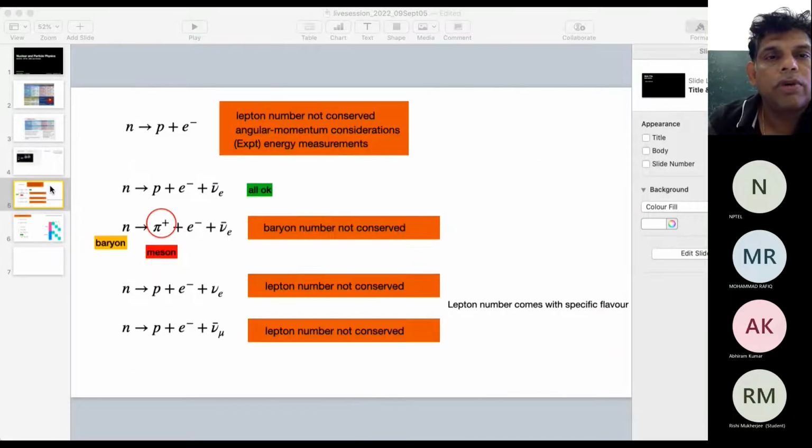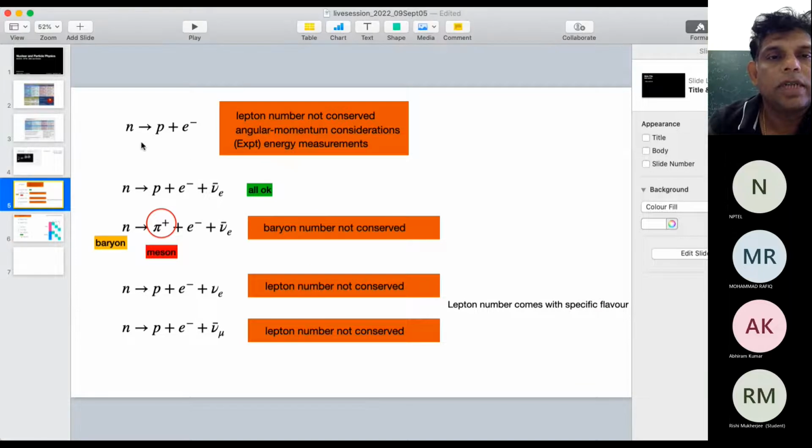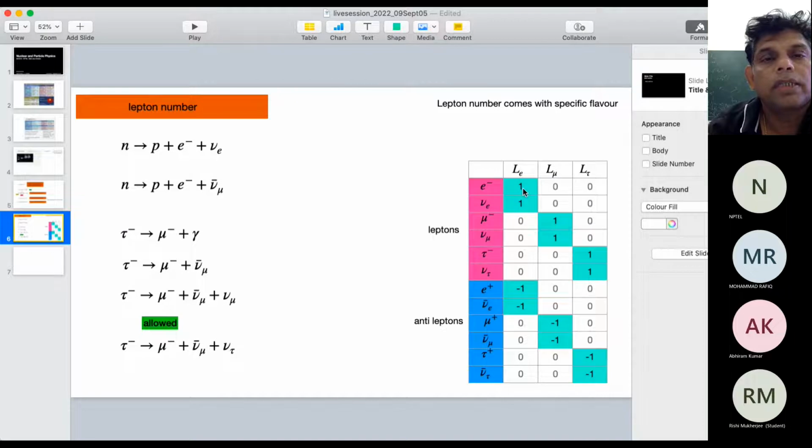If you consider the first reaction here, the electron has lepton number 1, and the total should be 0. There has to be therefore another particle which has a lepton number -1. And as you said, electric charge is already conserved, so that new particle has to be electrically neutral. So neutrino or anti-neutrino fits well, and the anti-neutrino is the one we can have here. Considering the conservation rules, this is the way it would go.